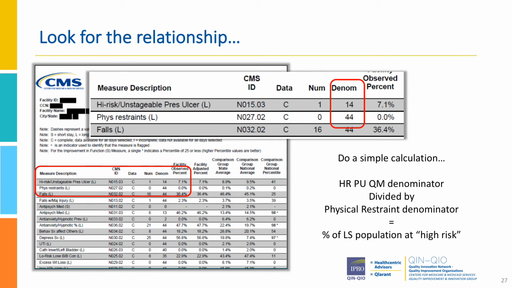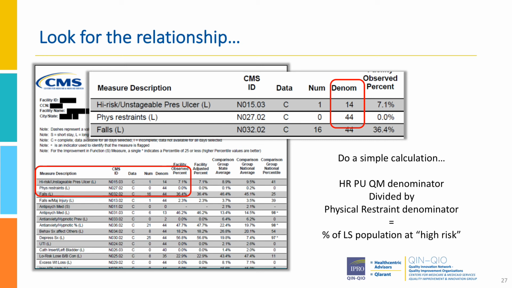Now, on this report that you're looking at, look for the relationship. Specifically, focus on the denominators for both the high-risk pressure ulcer quality measure and the physical restraint quality measure. It should be easy because they're right on top of each other in the current report. And look for the relationship of those two numbers since they both represent your long-stay population at the time of the report.